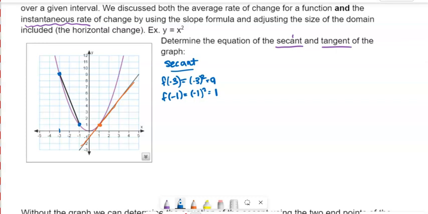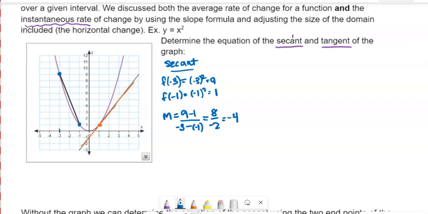Now we're going to use our slope formula to determine the slope. These are my y values. So I went from 9 to 1 at the same time that I went from -3 to -1. So my slope here is 8 over -2, or simply -4.